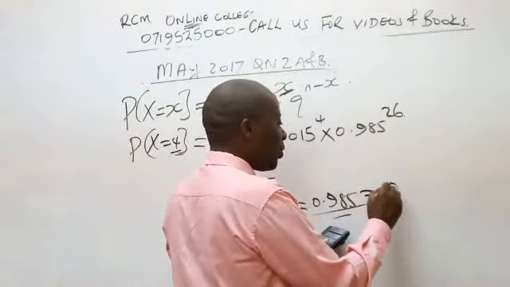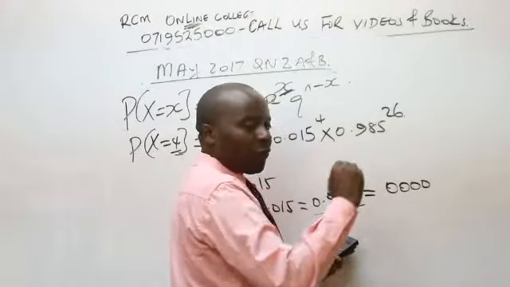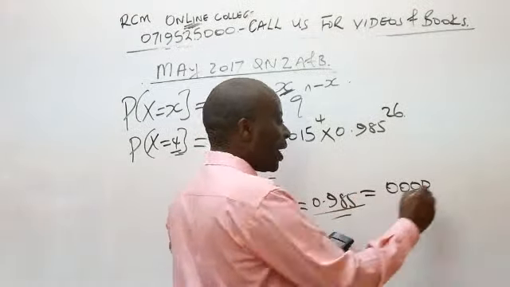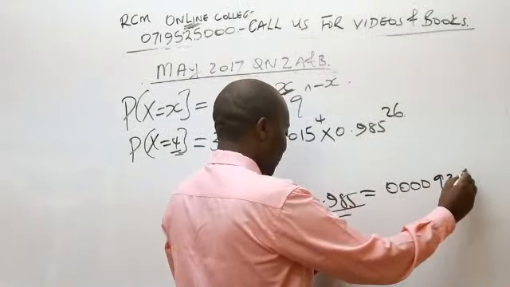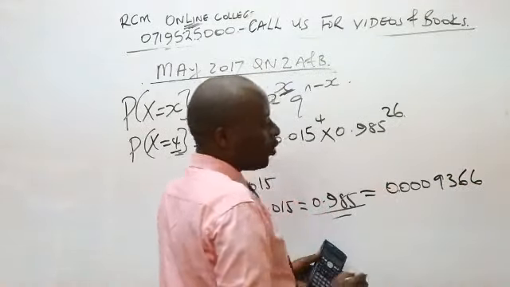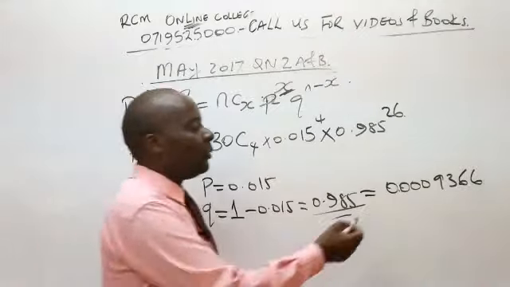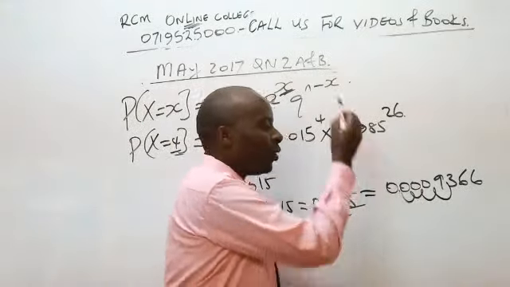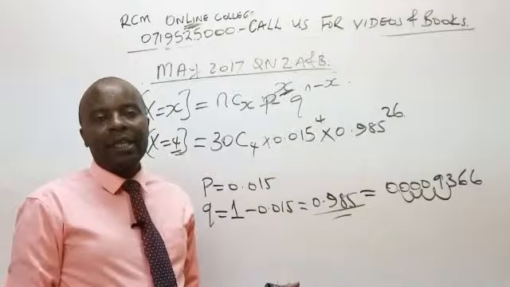So it's 4 zeros on the left, and then we have 9366. Between the zeros, we'll put a decimal there, or you count with 1, 2, 3, 4. You still end up getting the same decimal place.